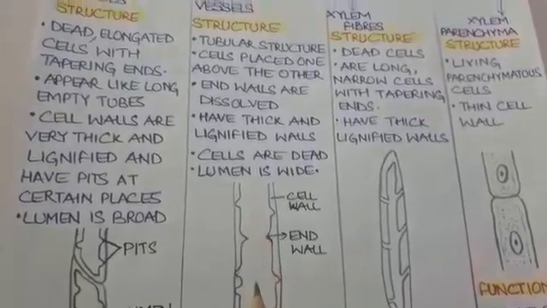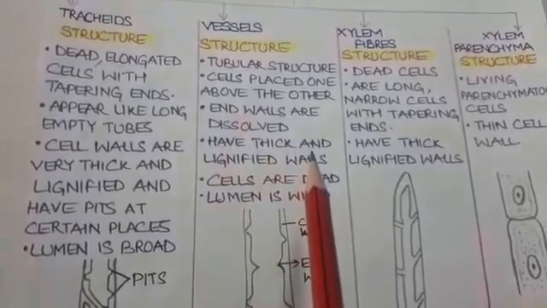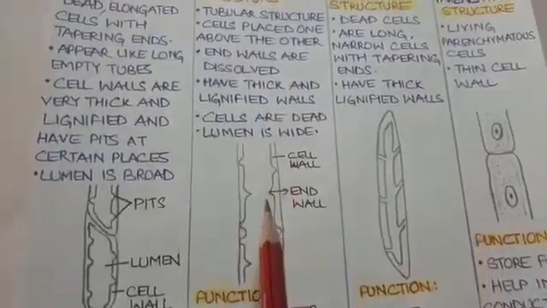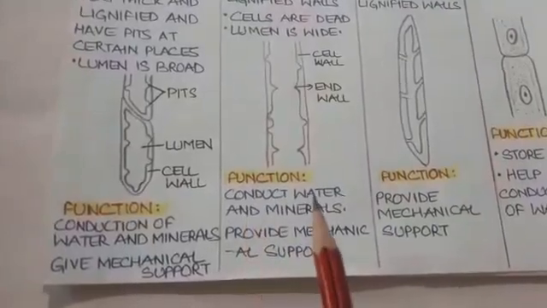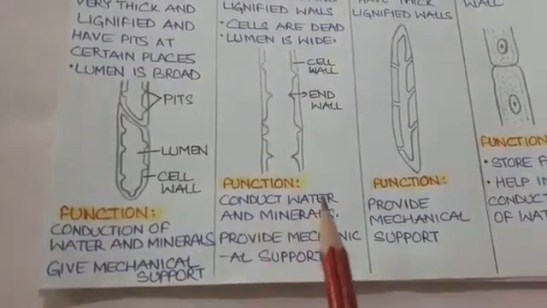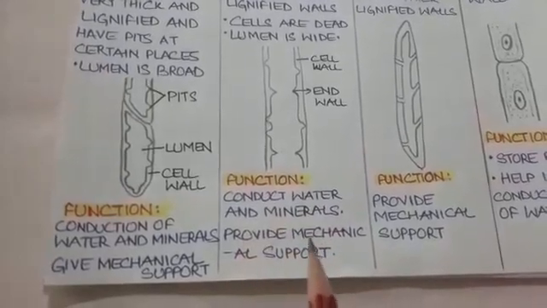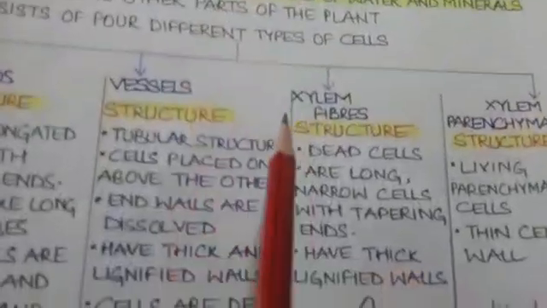The lumen are continuous. Again, vessels also have thick walls that are lignified, and the lumen is wide. Vessels are also dead cells. The function of vessels is conduction of water and minerals, and again, since these are dead cells, they also provide mechanical support.